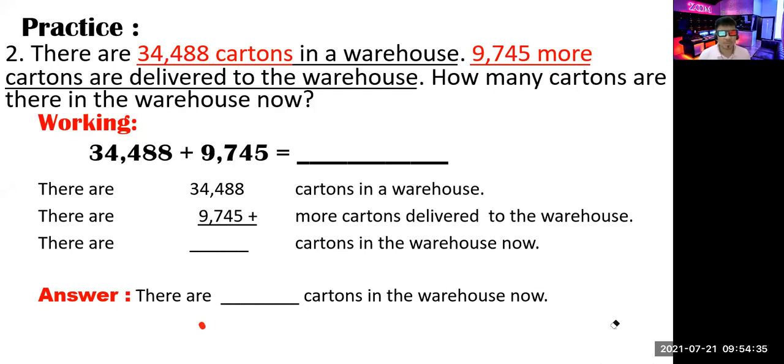So how many cartons are there in the warehouse now? All you need to do here is to use the plus sign. Now I will give you time to copy the sentences and then solve the number sentence that I gave here. Okay, go.